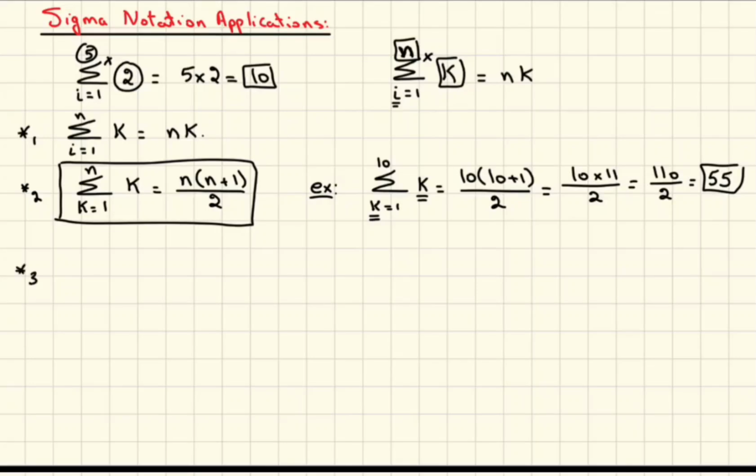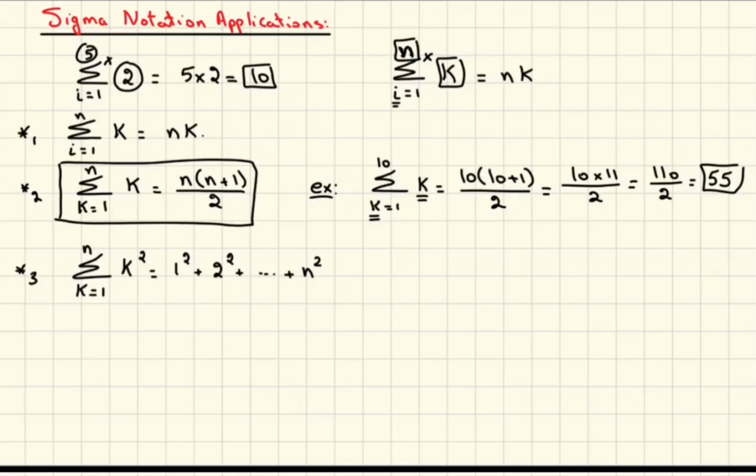Alright, another rule which is also very helpful: k starts from 1 to n of k squared. So basically here I'm doing 1 squared plus 2 squared plus 3 squared, this is the expansion of this rule till we reach n squared. So this is basically the sum of the perfect squares, if you know them: 1, 4, 9, and so on.